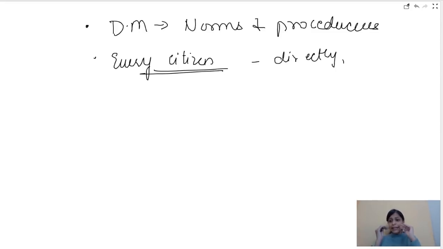Number one, they follow a certain set of rules that is applicable to you also and your sibling also, like your brother, sister, whosoever. So the same concept you can apply between the government and its citizens.